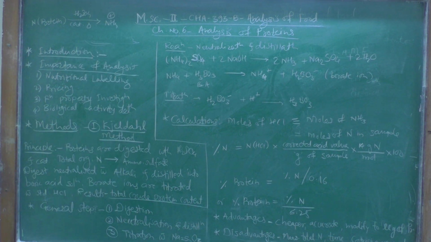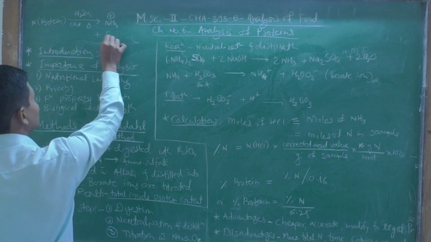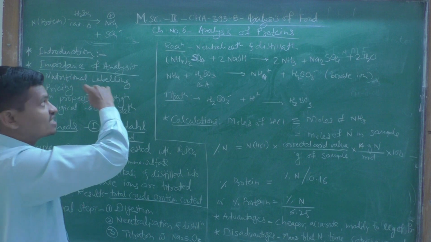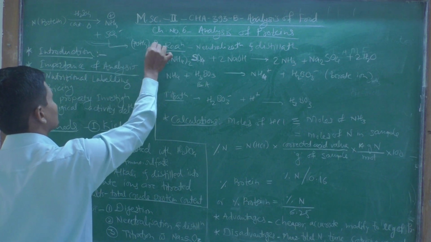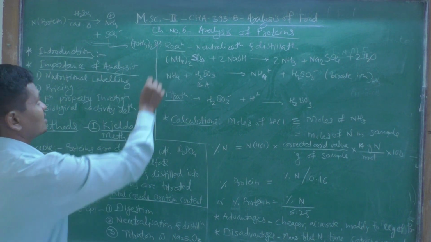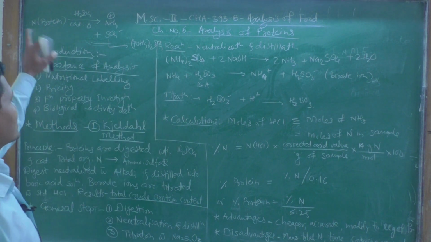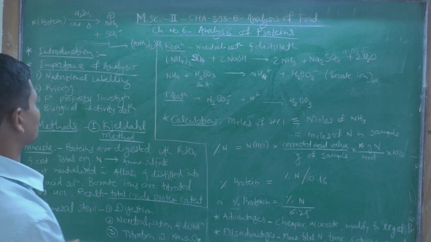These NH4 plus ions combine with sulfate ions from the sulfuric acid, and are converted to ammonium sulfate, (NH4)2SO4. So this is the reaction that is occurring in the digestion process.